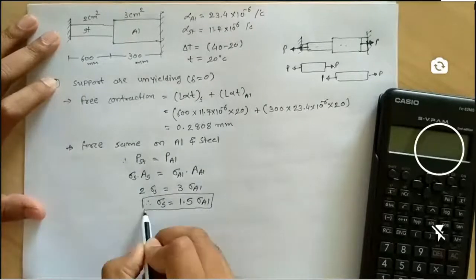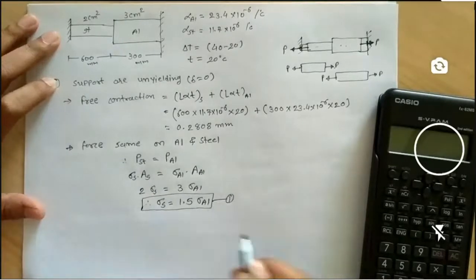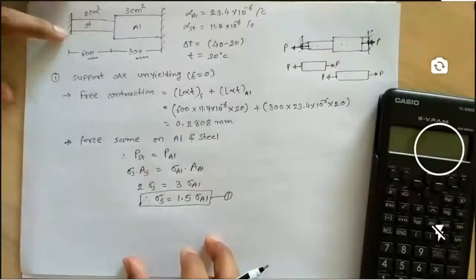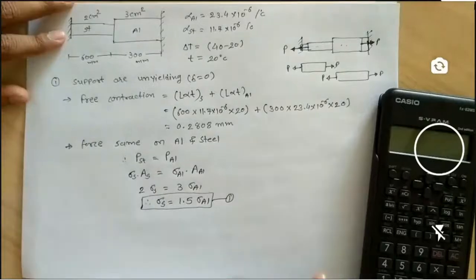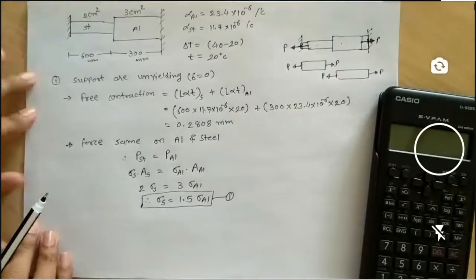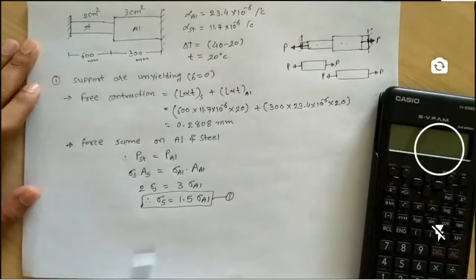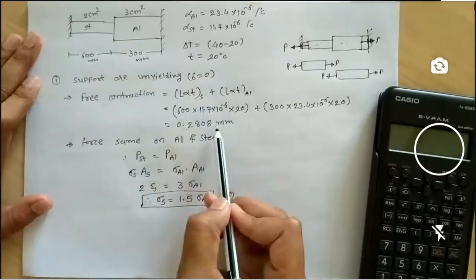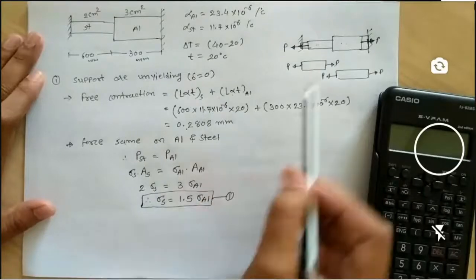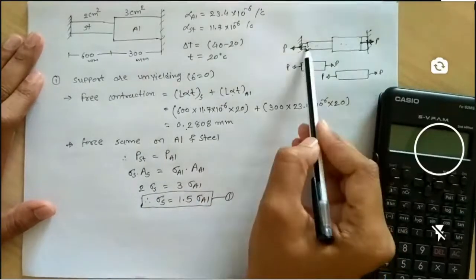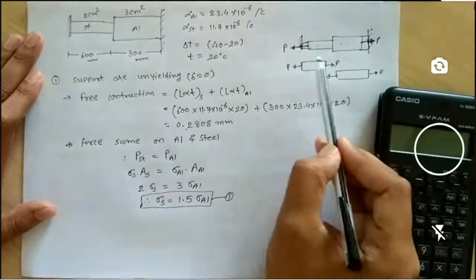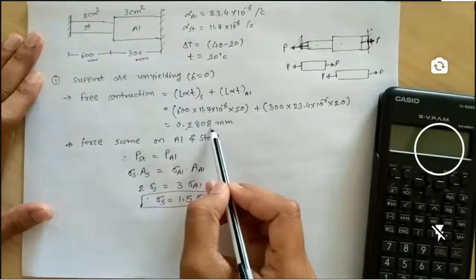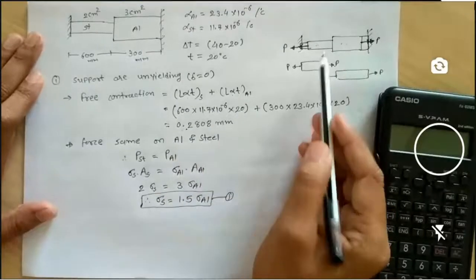So we get the relation of stress in steel and stress in aluminum, comparing the force in the steel and aluminum sections. Okay. Now, due to these contractions of 0.28 mm from temperature, this support pulls out both elements so that the change in length becomes 0. Okay, so according to this 0.28 mm, the stresses are produced.